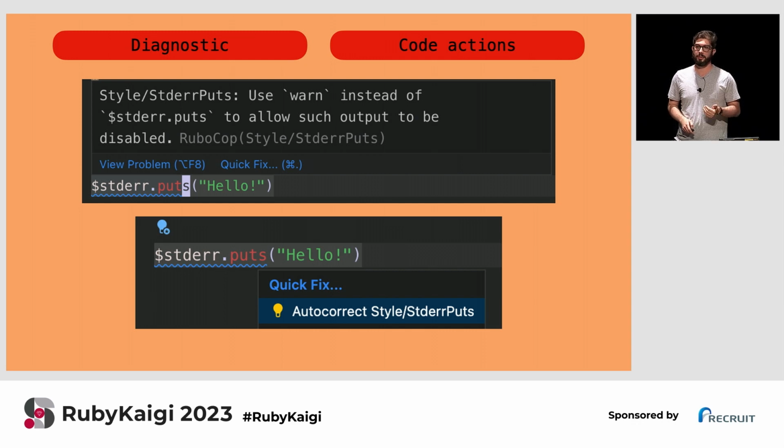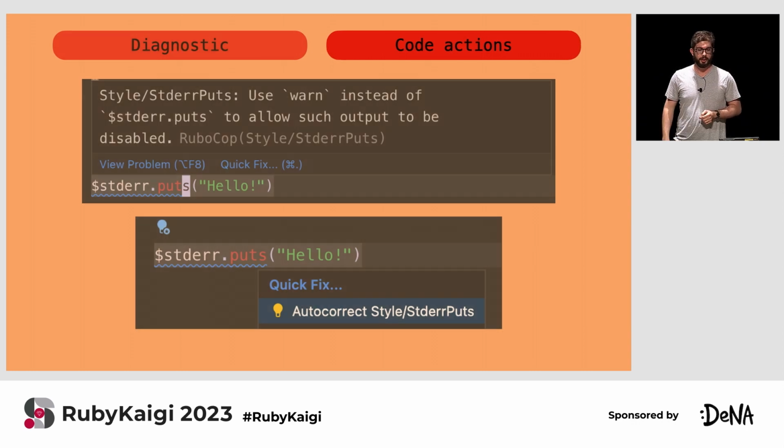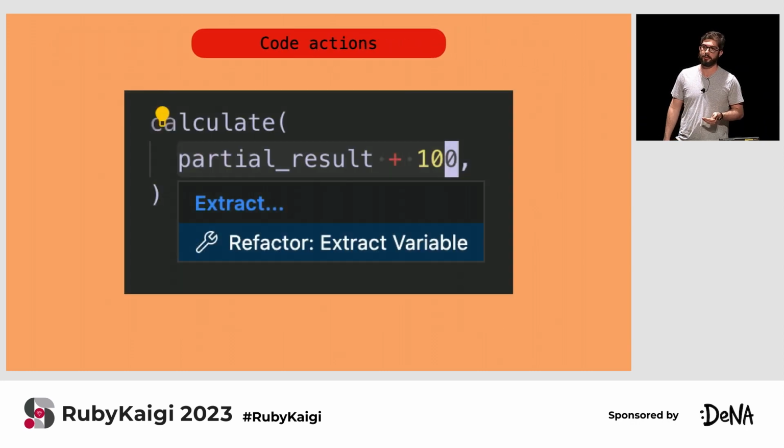You can also fix the violations using quick fixes, which is a code action. And you can also fix all of them at once with format on save. And another use of code actions we have is the extract to variable refactor. So if you select any piece of code and tell the Ruby LSP to extract it to a variable, it will do it for you.